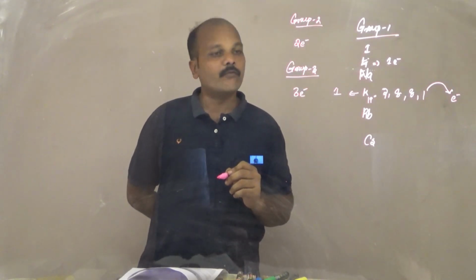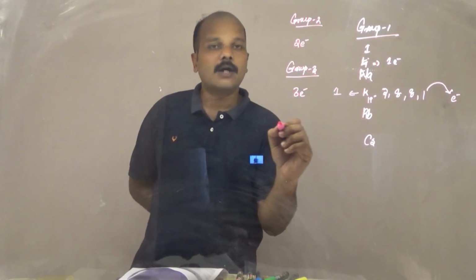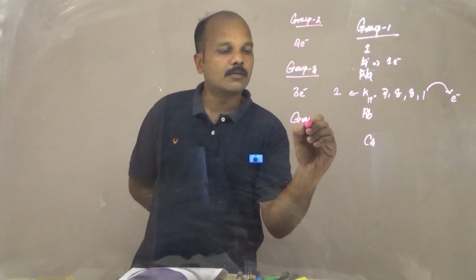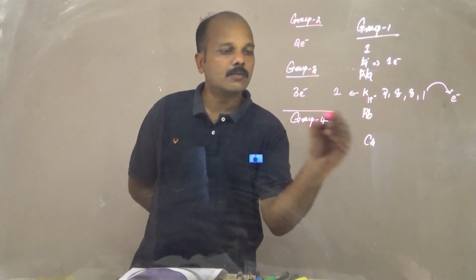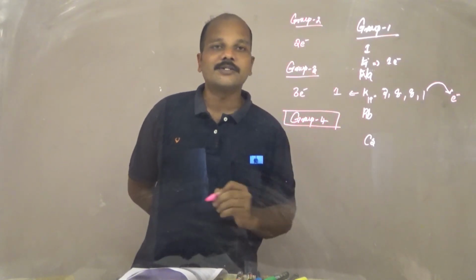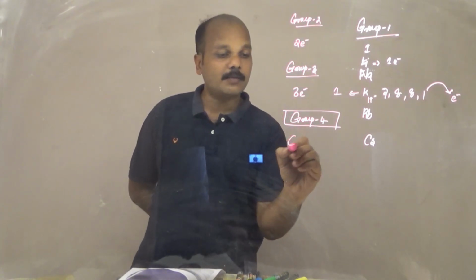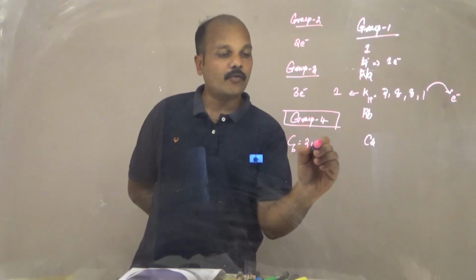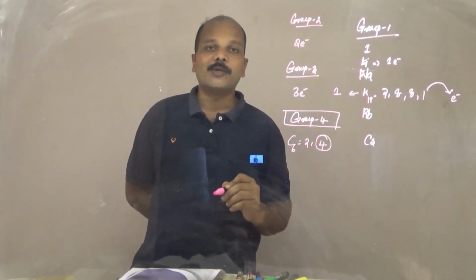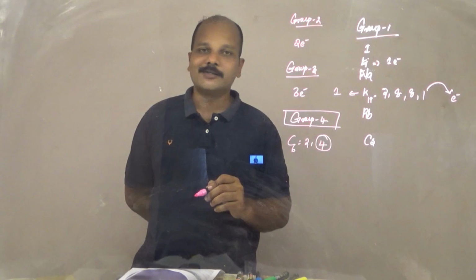And group 4, for example, carbon. Carbon has atomic number 6, so 2, 4. So 4 electrons are there in the outermost shell.